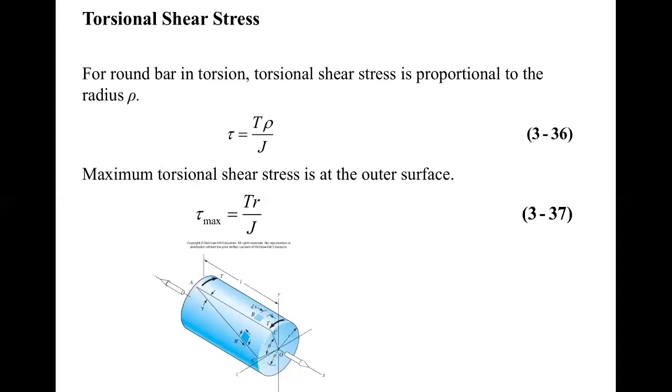When you do the mechanical design, you need to find where we have maximum bending moments and where we have maximum torque, and then most likely that particular location ends up with maximum normal stress and maximum shear stress, which is the dangerous location.